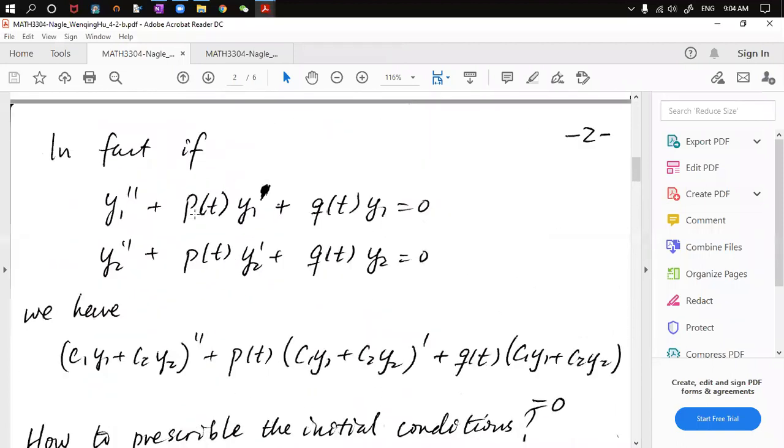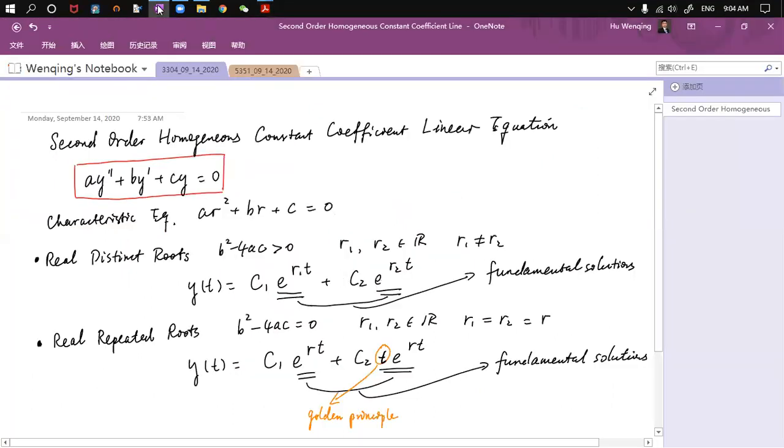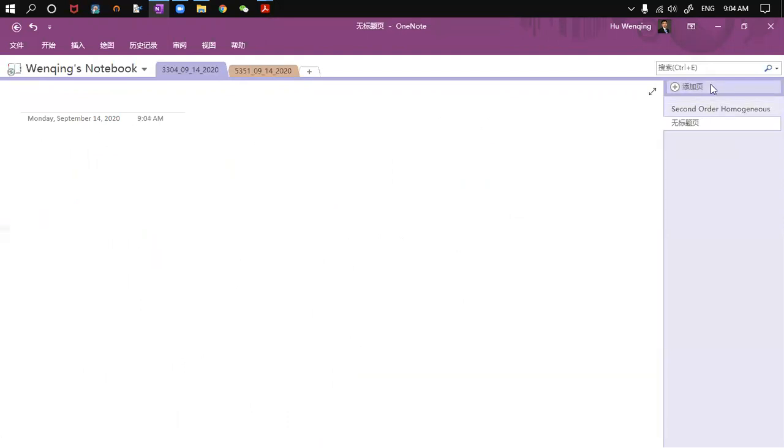Now, if we go over the whole procedure, the way we solve a differential equation is the same thing as guessing a solution.